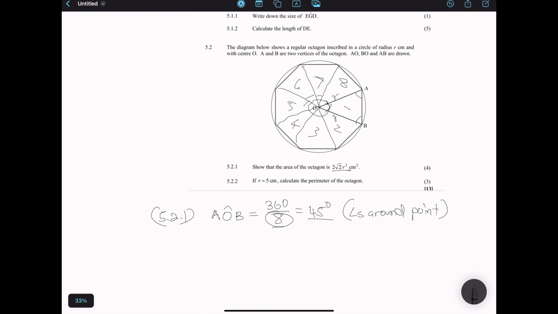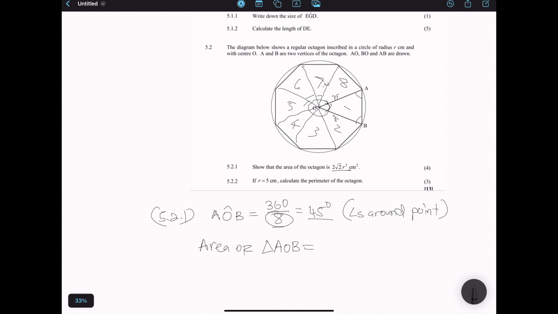Show that the area, we want the area. We know that these two lines here are given by r, every line here is r, the radius. So let's start with the area of this triangle, because that's where we have the information. Area of triangle AOB, we know how to calculate the area.